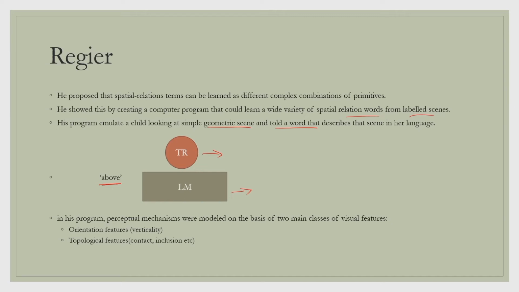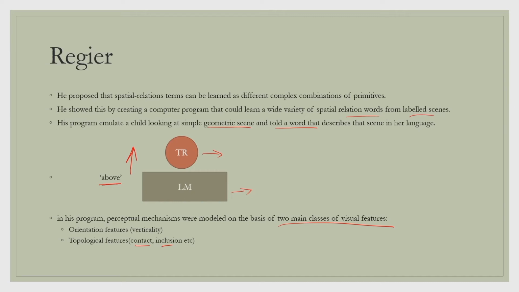He used the same pattern to train the computer. In his program, the perceptual mechanism was modeled on the basis of two main classes. This is orientational, this is above, the orientation of verticality is used here, and then a topological feature like contact. In this case it is minus contact, there is no contact.